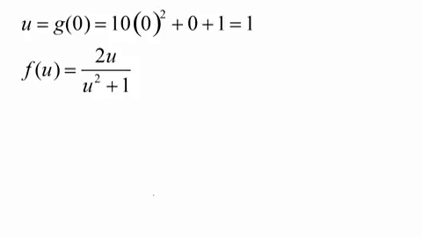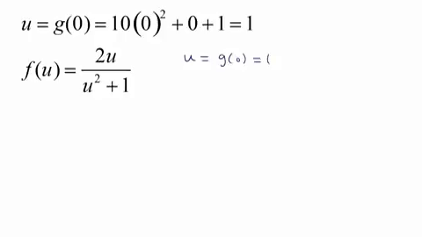The first thing that we'll do is let's evaluate g of 0. Since x is equal to 0, then our u value, which would be g of x, or in this case g of 0, is 10 times 0 squared plus 0 plus 1, which is 1. So we know that u, which is the same thing as g of 0, is equal to 1.